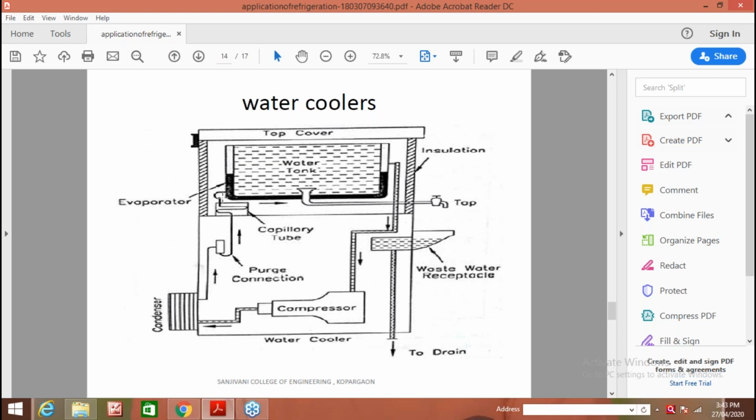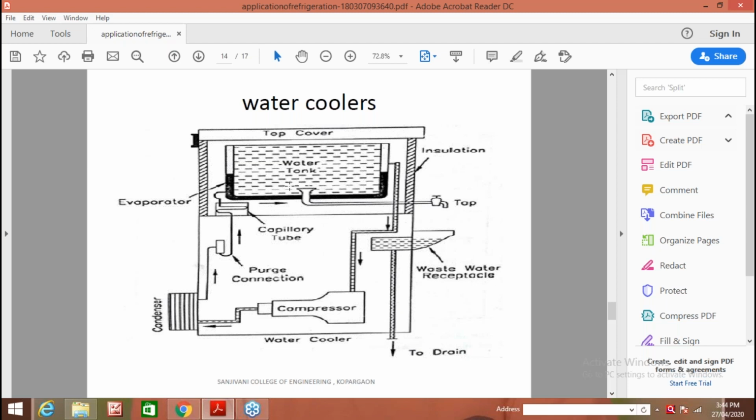Okay, so the refrigerant used in this water cooler is also F12, because it is very safe, because if there is leakage and contamination it is not dangerous or hazardous. Okay, so the main purpose of this water cooler is to cool the water below atmospheric temperature.